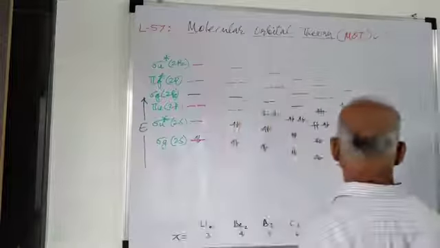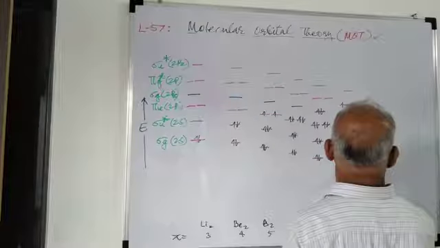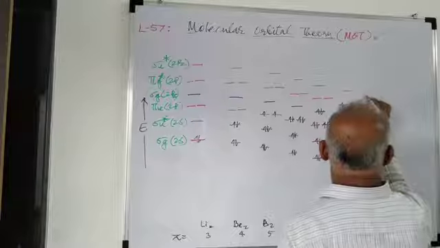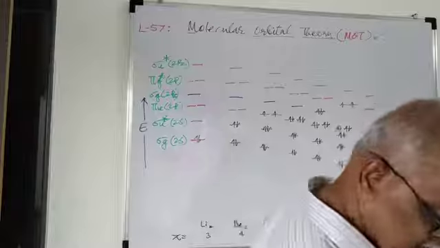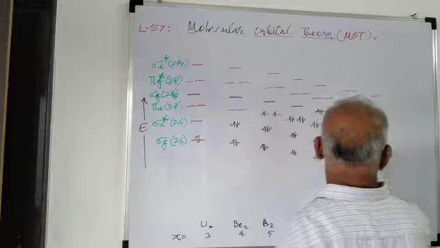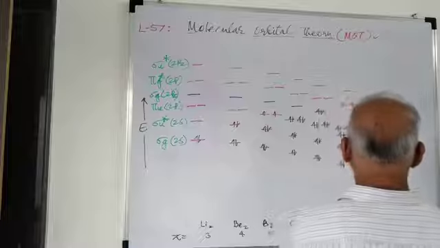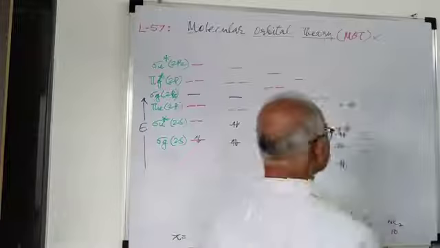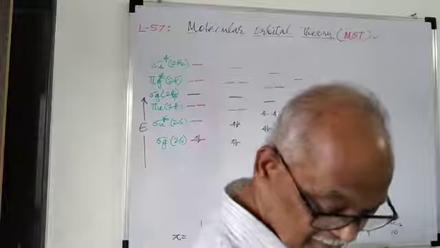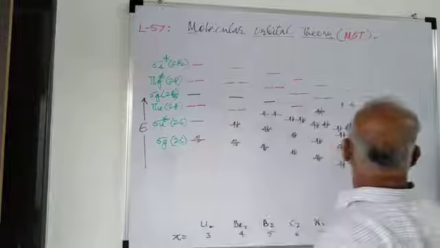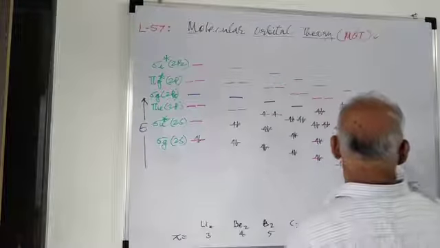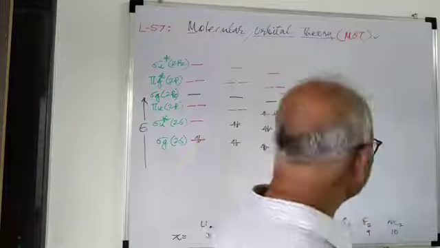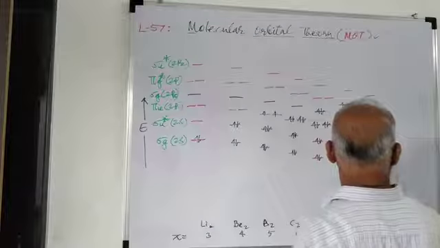Now we will have F2 like this. So the two more electrons will be added in this way.